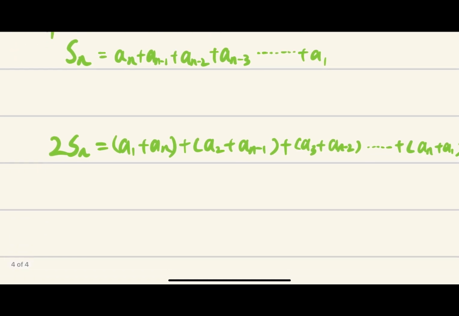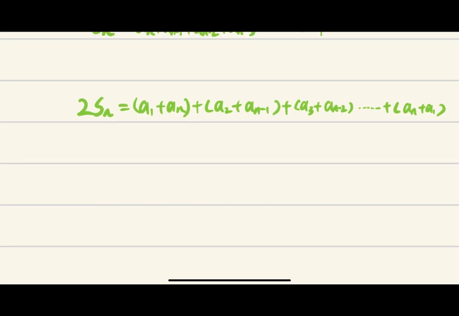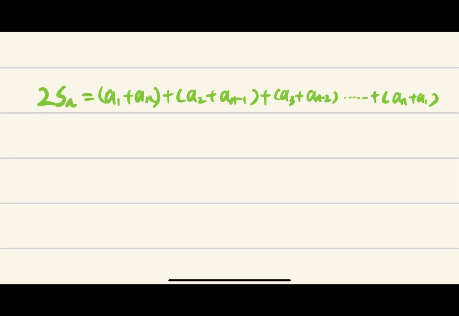Now, what pattern can we find in this long expression? What pattern can we observe? So a_1 is added with a_n, then a_2 is added with a_(n-1), and as you can see, all these subscripts are different.